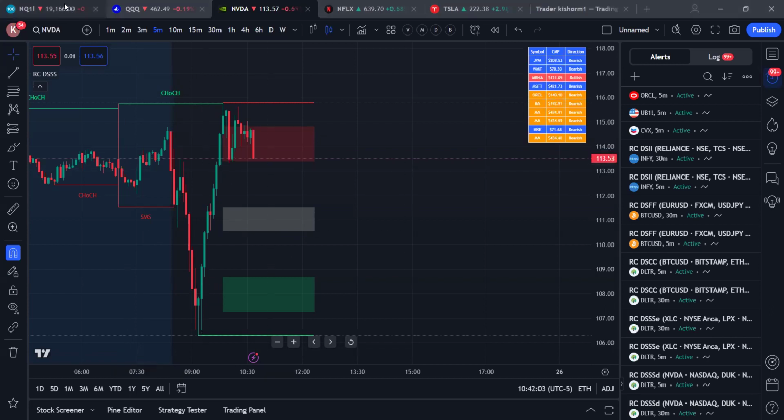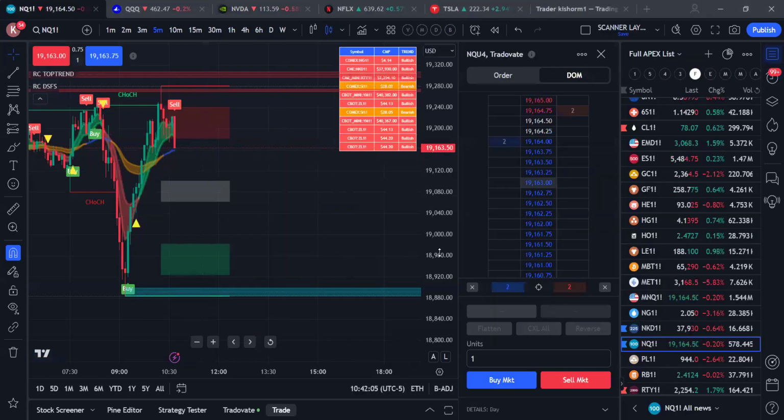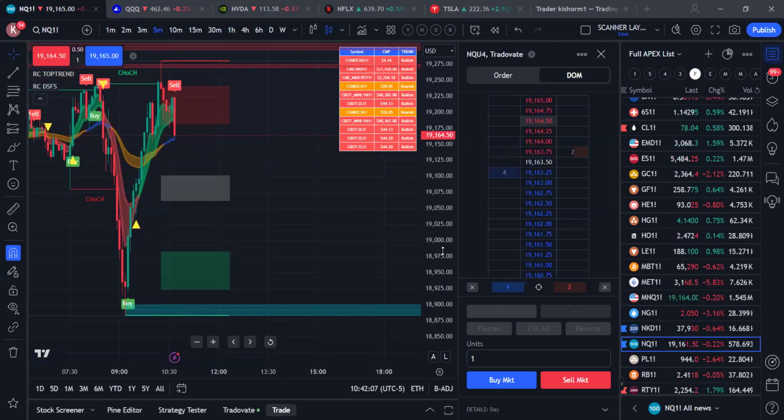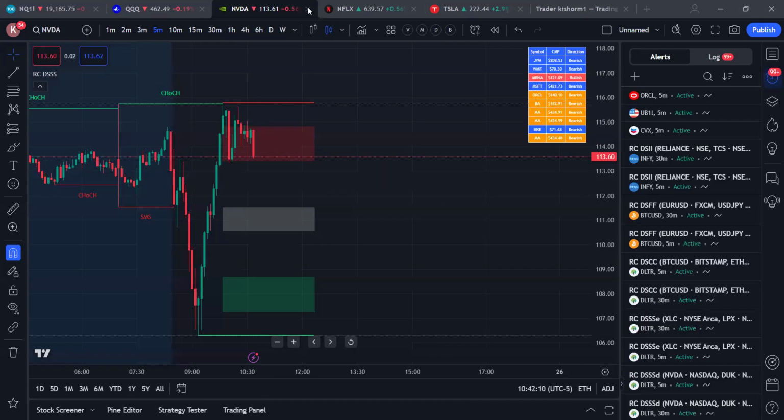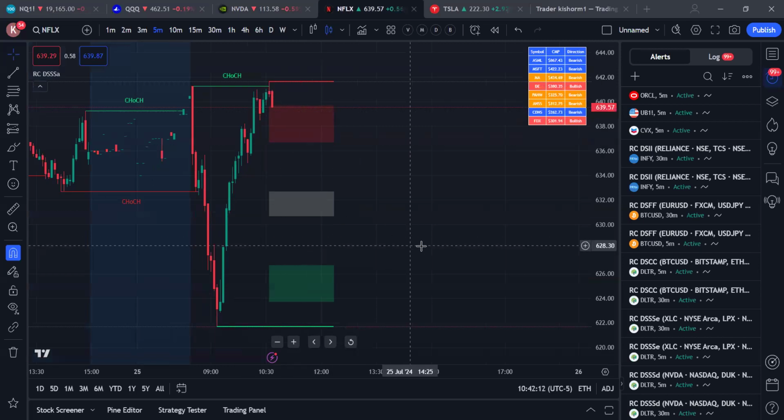It's a big drop on NQ. Nvidia is dropping big. Netflix is dropping. Everything is dropping big.